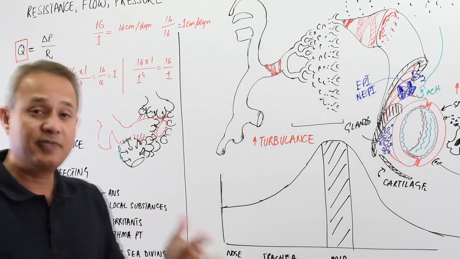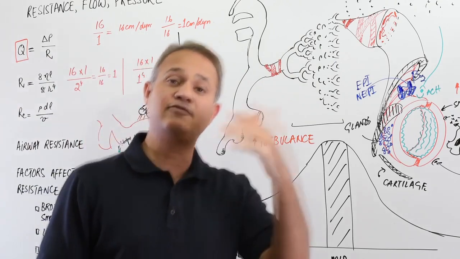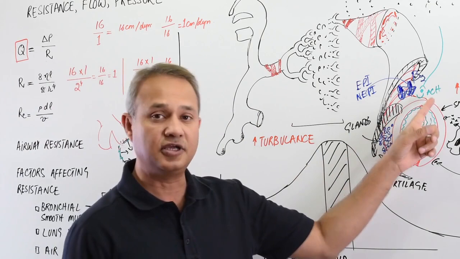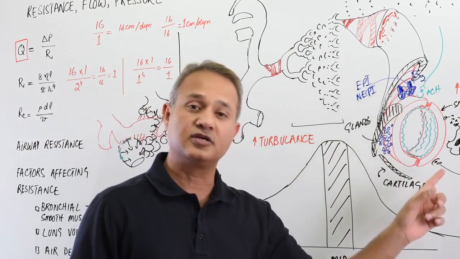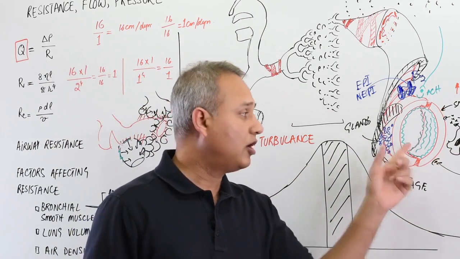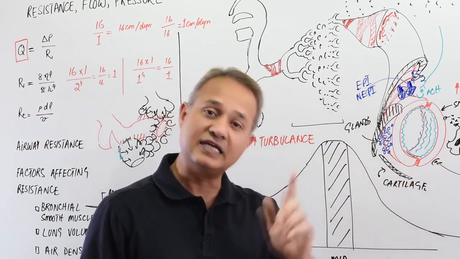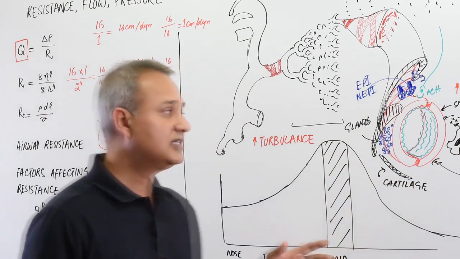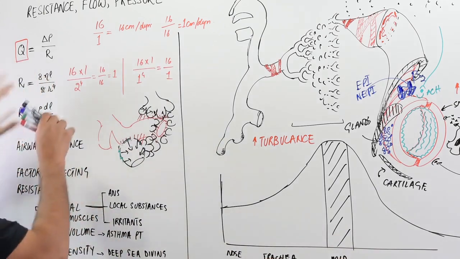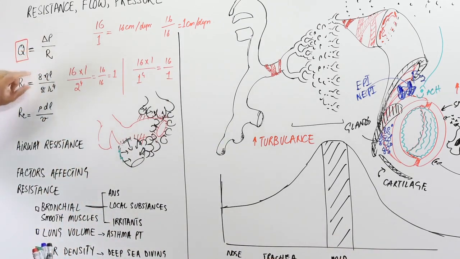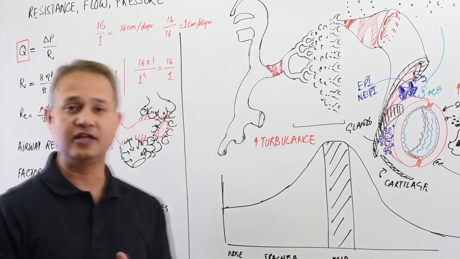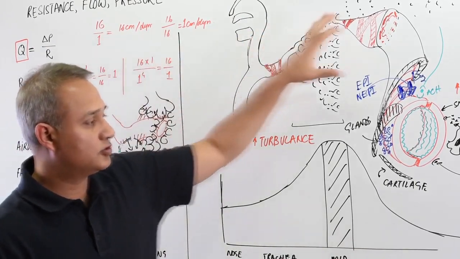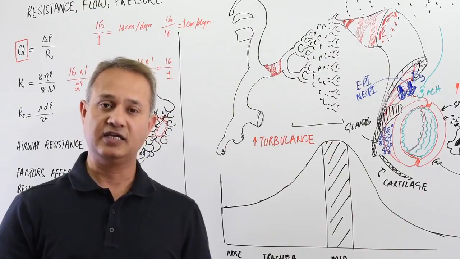Then imagine that patient having parasympathetic flow on top of asthma. Parasympathetic acetylcholine is going to further increase the tone of the bronchial muscles, exaggerating the problem. This is what happens when the resistance changes, and in the case of the lungs it is really important for you to understand. Number one, do this math, and number two, keep these factors in mind. Thank you very much.